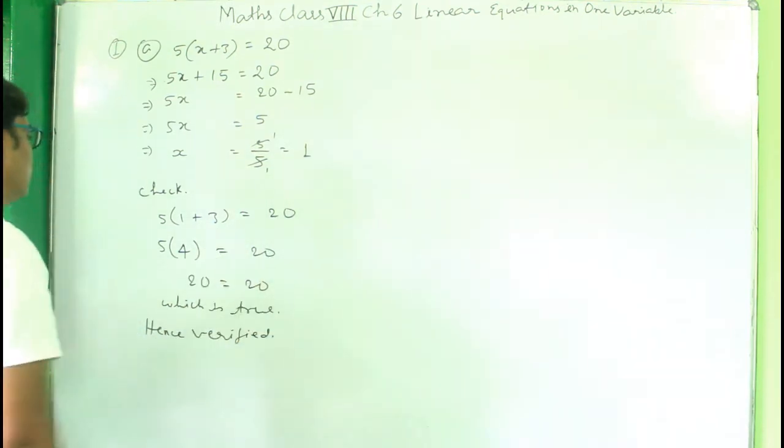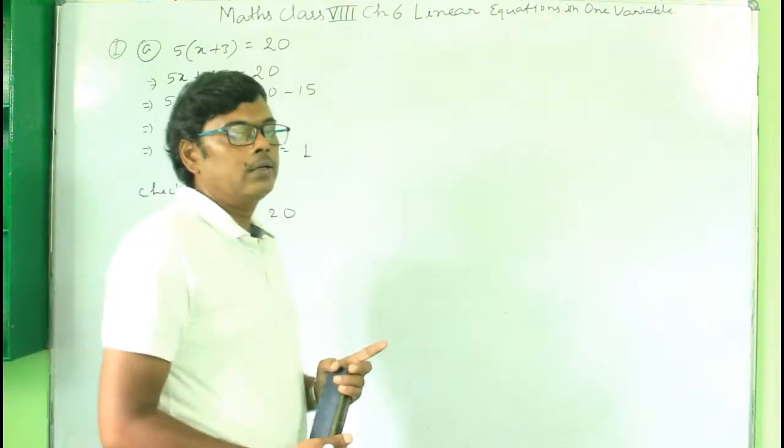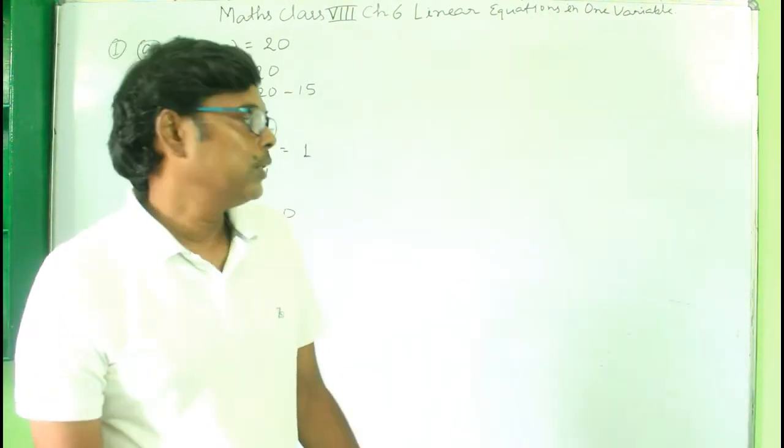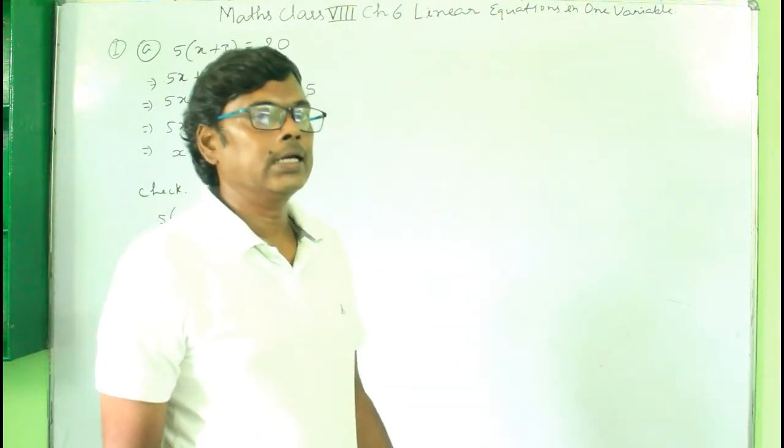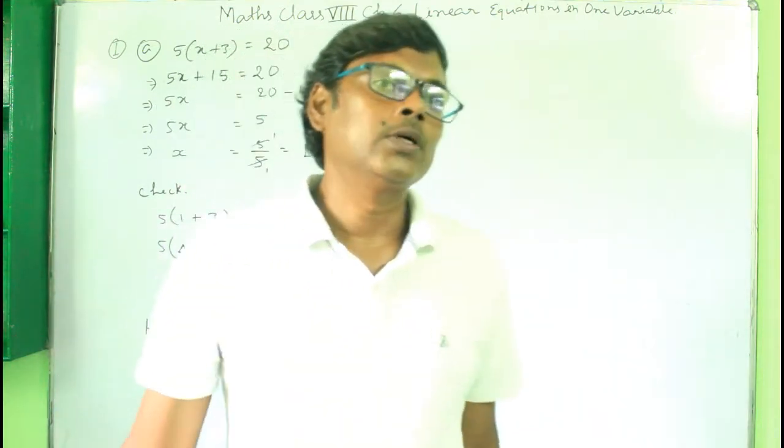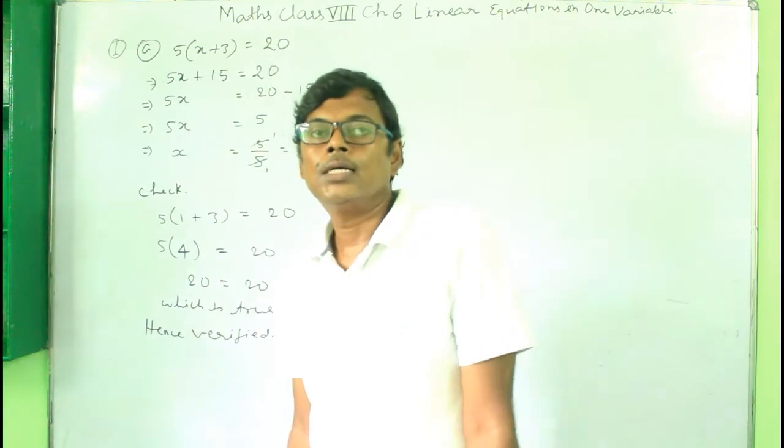Okay, that is, when you put x equal to 1 on the left side in the place of x and then solve, both sides become equal. It means that our answer is correct.